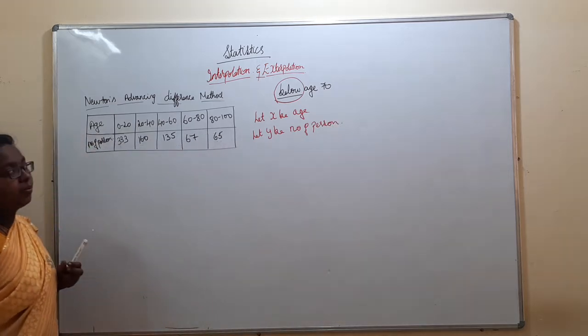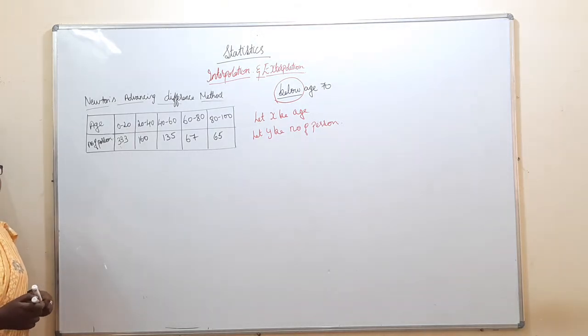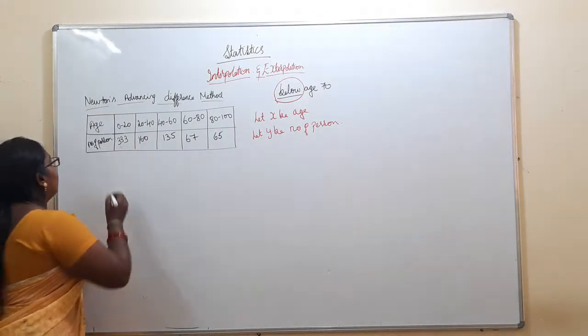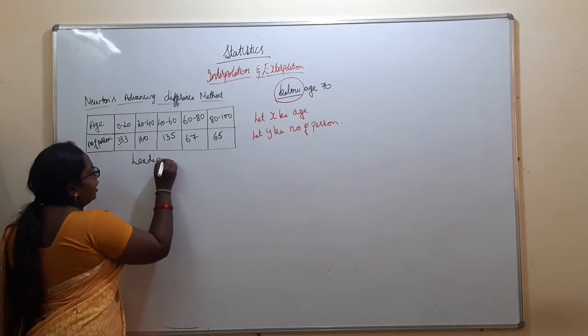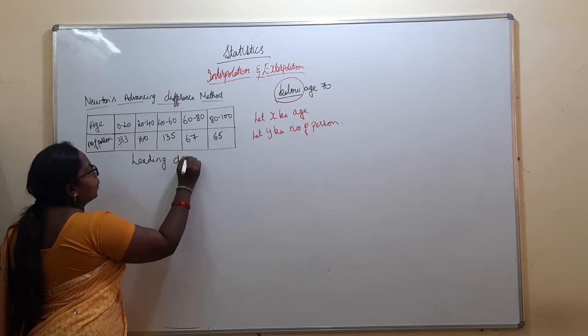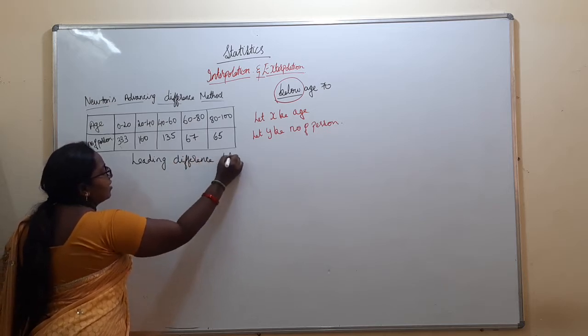My y will be number of persons and x will be my age, because of independent and dependent variable. So simultaneously I will do my leading difference table.